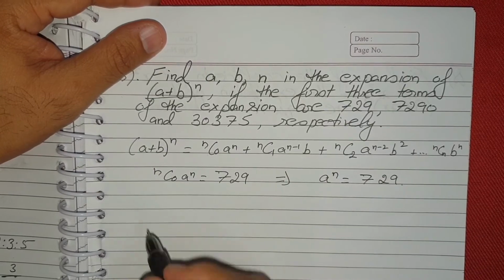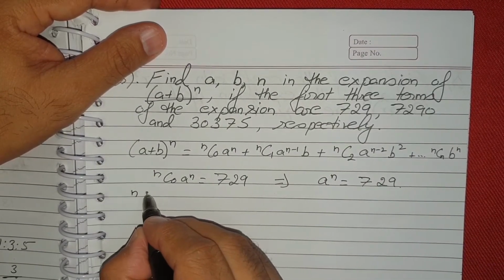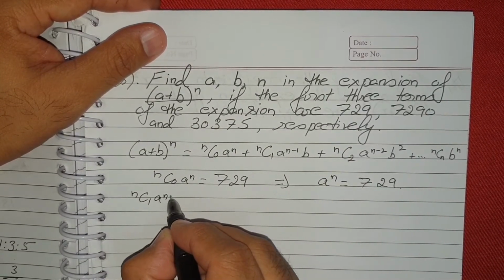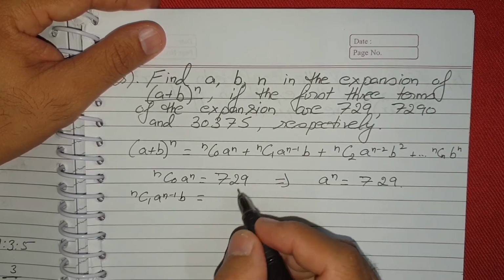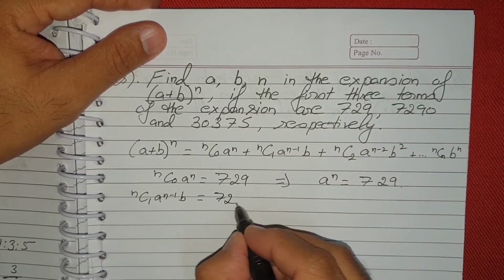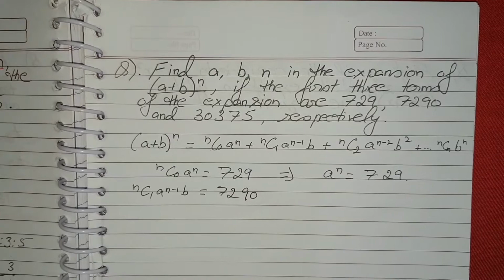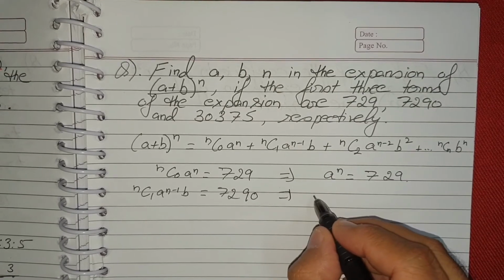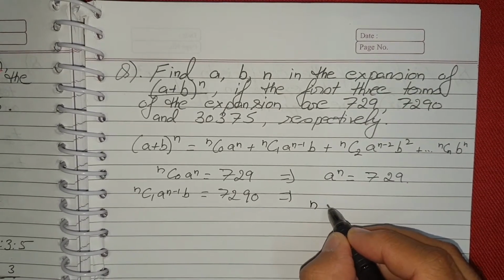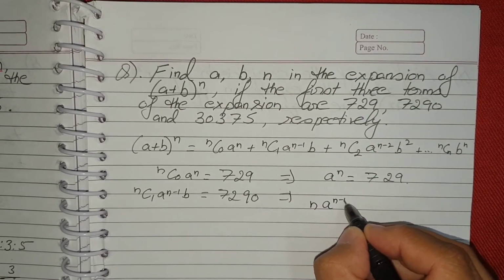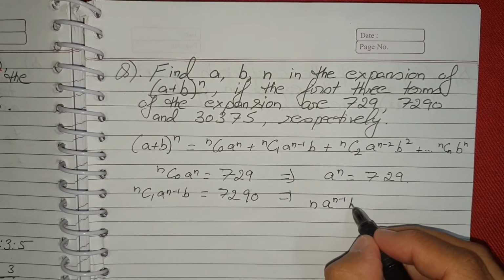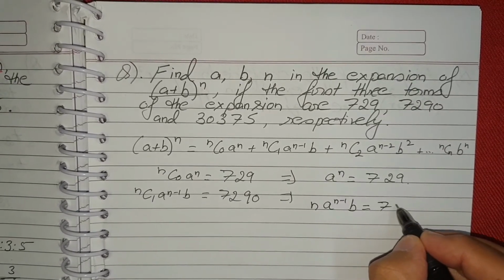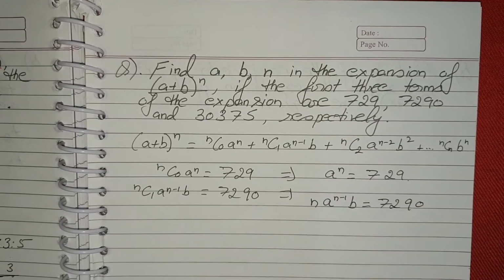Okay, second term is nC1 a to the power n minus 1 b, that equals 7290. We know that nC1 is actually n, so we can write this as n a to the power n minus 1 into b, that equals 7290.